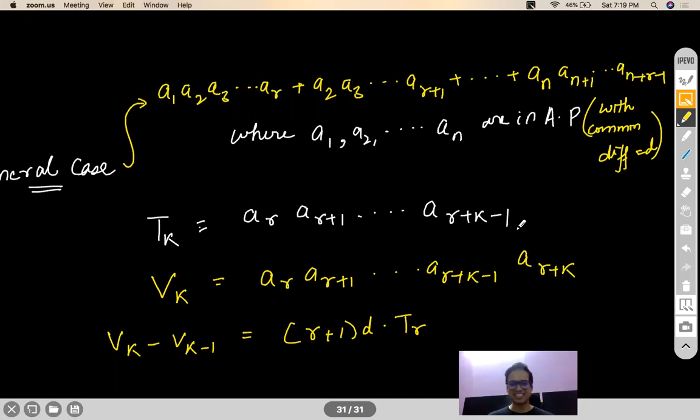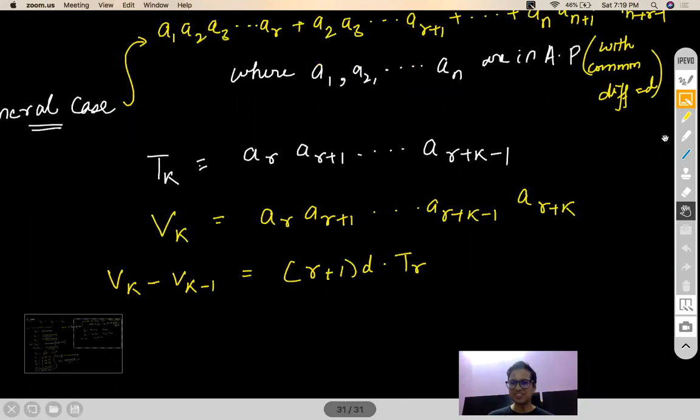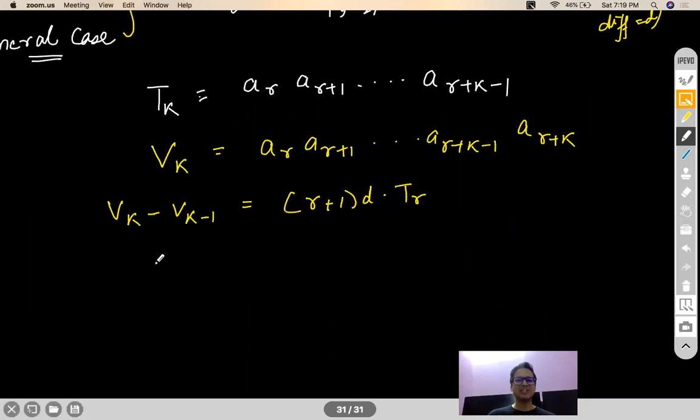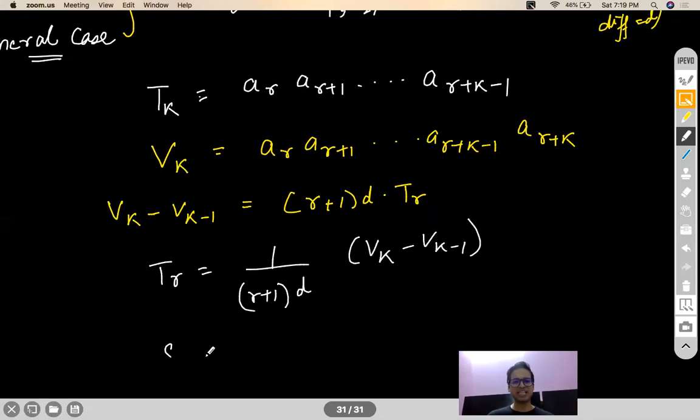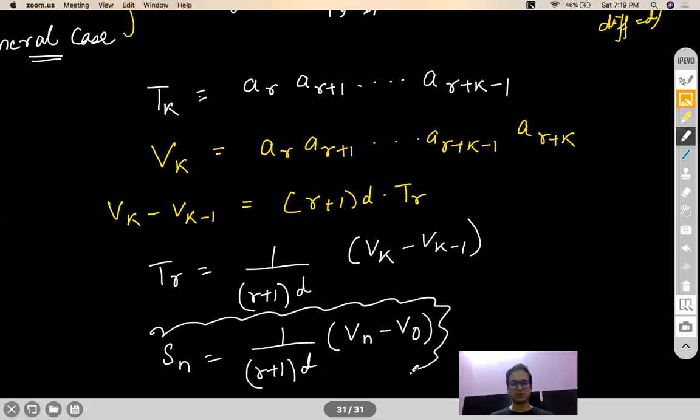Try to figure it out. And your Tr will always be 1 over R plus 1d, Vk minus Vk minus 1. And your sum till n terms will become 1 over R plus 1d, Vn minus V0. This is the formula that I would request you to note down.